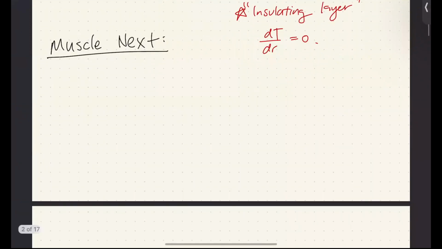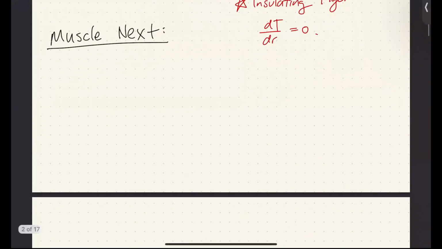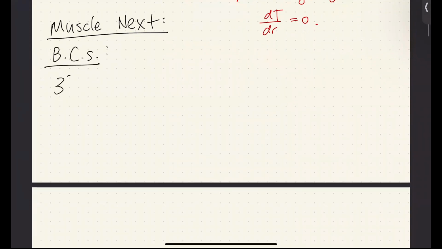So what did we start with when we did the bone? We started with our boundary conditions. We did our first two. So our third boundary condition is going to be something we all know. We know our k for our bone. Keep this in mind, this is pretty important: not muscle.